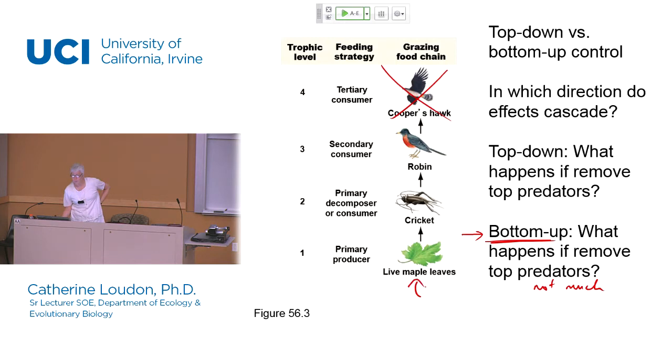For example, if we do something to increase primary productivity, so we increase the level of nutrients, for example, we fertilize the plants, and we end up with greater primary productivity, we have more food then for what? The consumers. We would expect their numbers to increase, and this would then increase the number of the secondary consumers who are eating the primary consumers. Okay. But that's an example of bottom-up control.